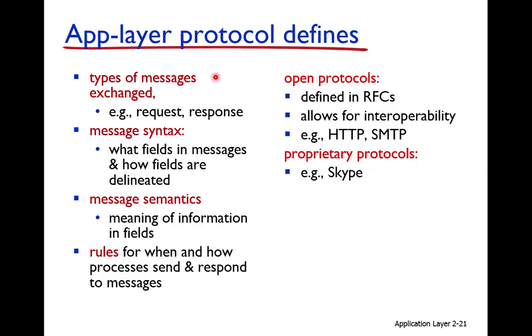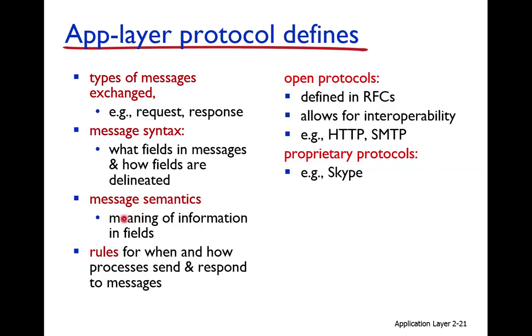So what does a protocol define? A protocol defines what kind of messages can be exchanged, like request and response. For example, when you want to communicate with the director, you must use proper syntax and semantics.